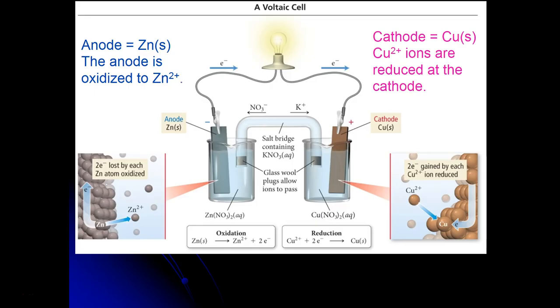All right, you're back and you've done the questions. So you've gained more information about the types of cells that we're looking at. Here's our old friend again. We've got your anode, which is the solid zinc. That's where oxidation is occurring because zinc solid is going to zinc 2+. It's giving away electrons.